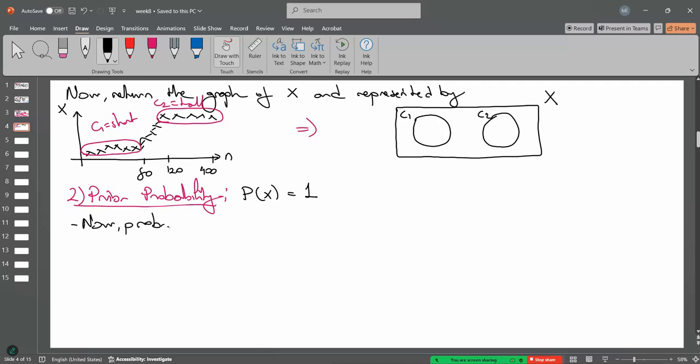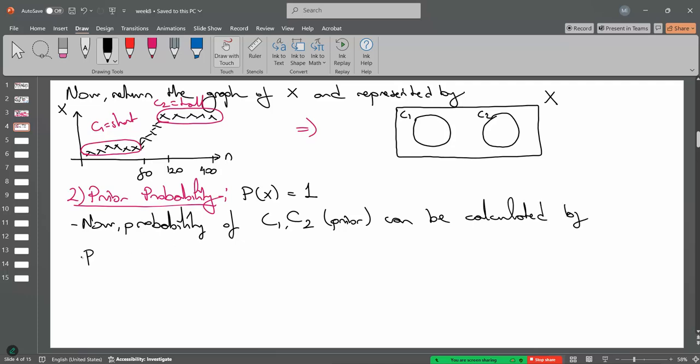Probability of C1 and C2. But the prior should be assigned or calculated with P(C1) equal to what?